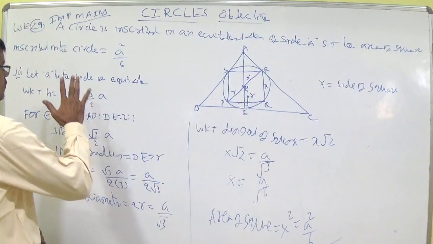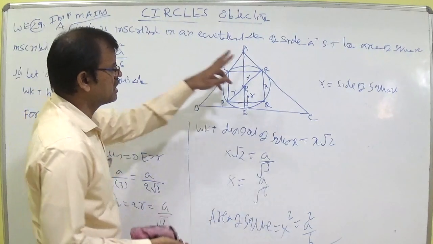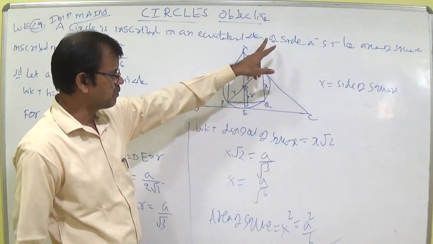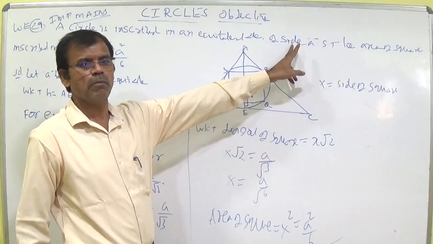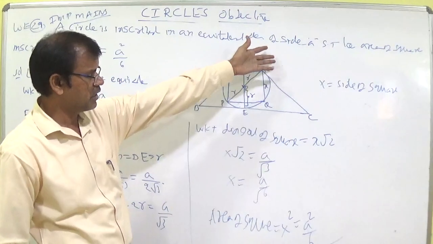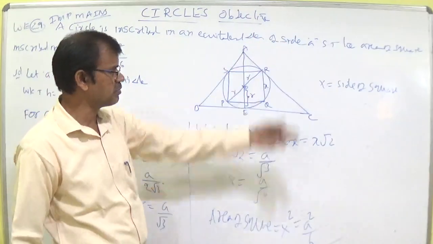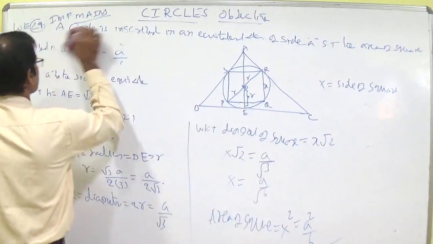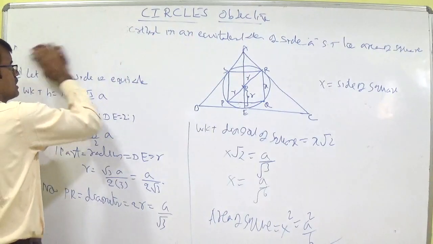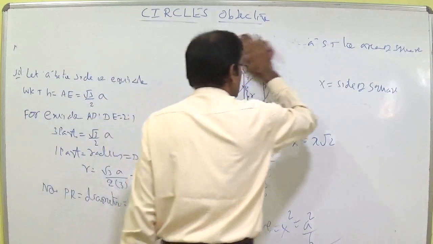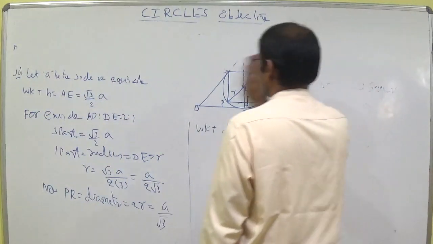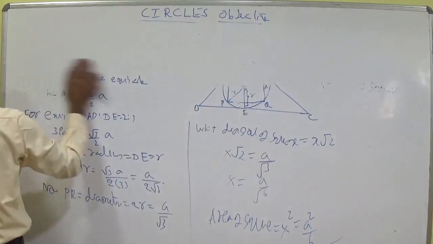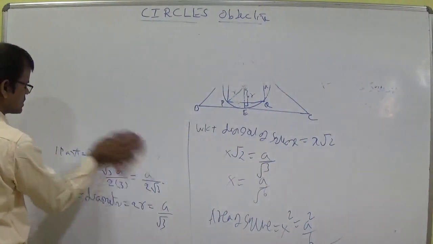So whatever side is given, the area of the square depends on a square by 6. That's all. If x square by 6 is given, or p square by 6, this is a formula. Depending on this formula, sums are there. Otherwise he may also ask a square by 6. There is a chance this question is asked directly in mains. So remember this one as a formula.